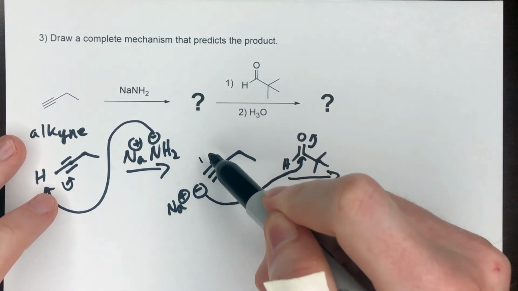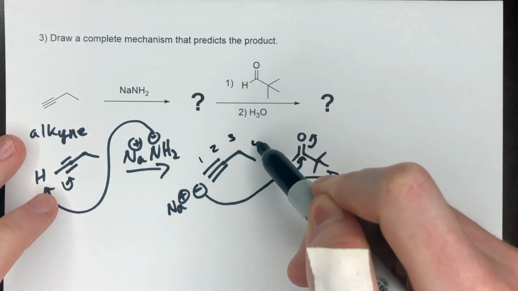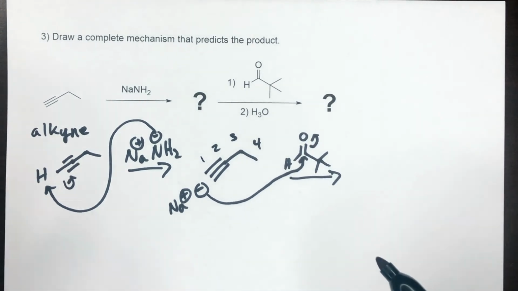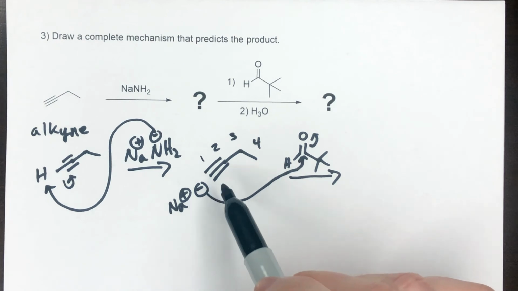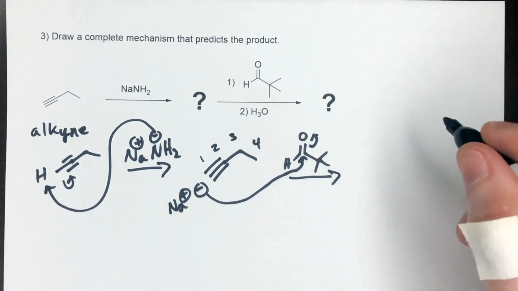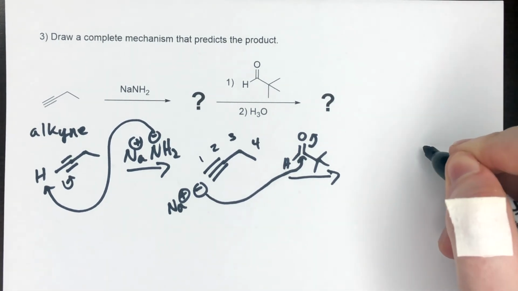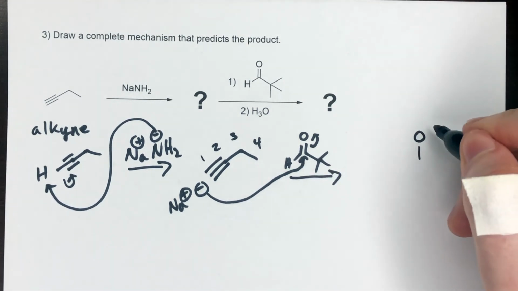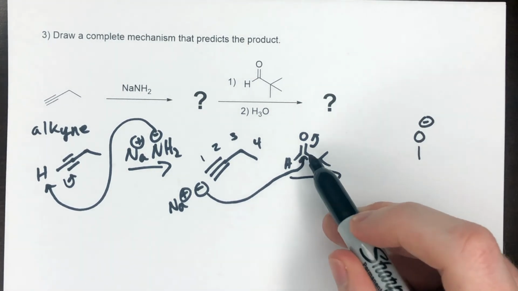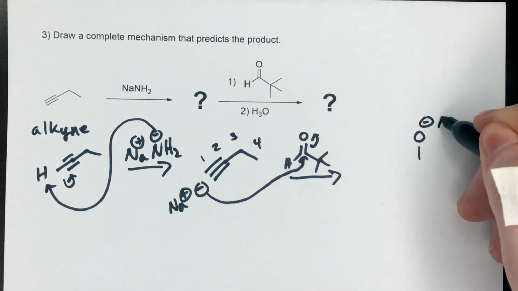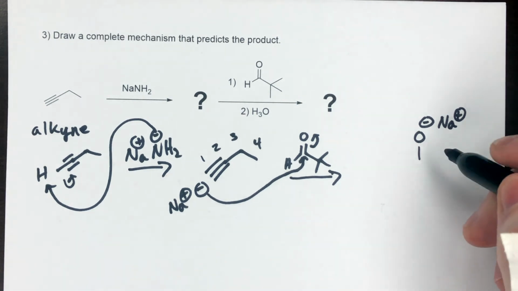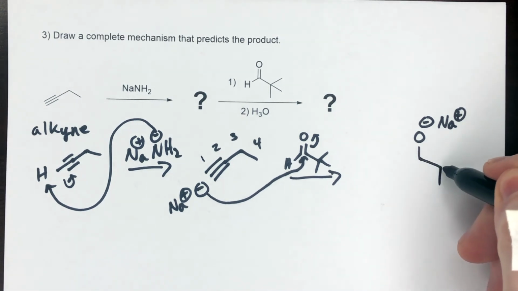But now the thing that you should always do is number your carbons to make sure that you keep track throughout. So we're creating a bond between carbon 1 and the carbonyl, right? So I'm simply going to start by drawing our carbonyl with only one bond because we're breaking the pi bond here. So it'll have a negative charge there and a positive counterion of the sodium. And then the t-butyl group remains unchanged.